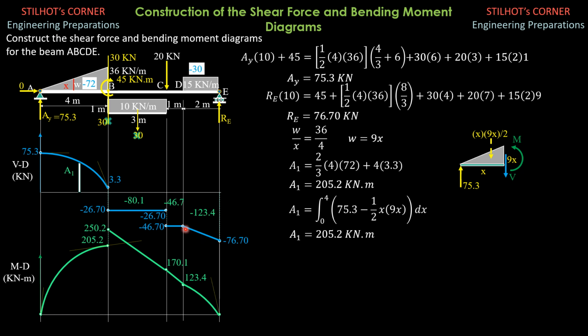So it is a negative increasing slope. Or we draw the initial slope, which is the slope of that line. Then the slope at this end is negative 76.7, almost vertical. Then we connect them with a smooth curve. And that's the smooth curve. So that's it. This is the moment diagram for that beam.